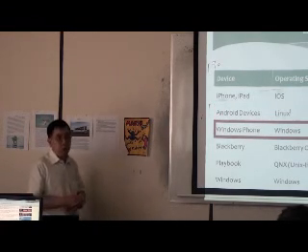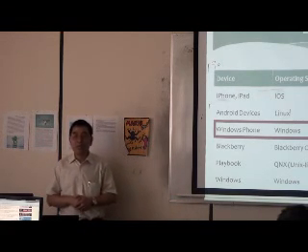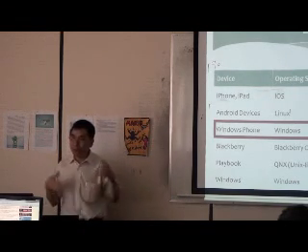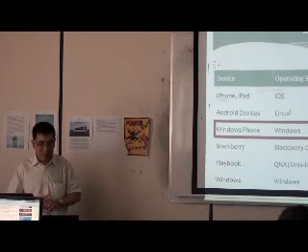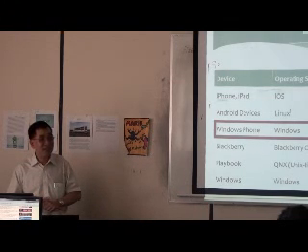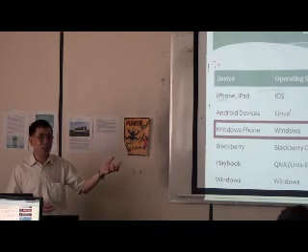So Windows Phone. This is from Microsoft. It doesn't take a big market share, but many people like this system because it can share information with the Office documents you created on your desktop. It's pretty easy.